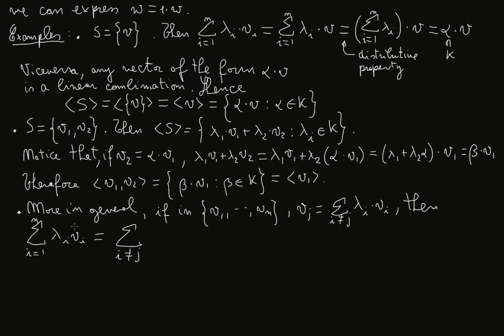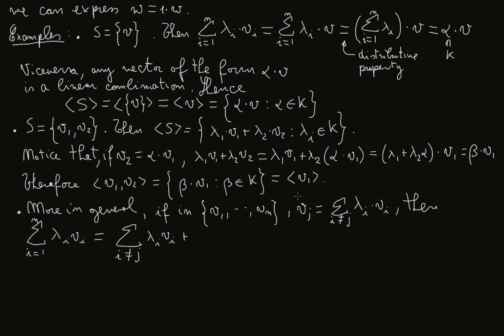So we just gather all the summands different from the jth summand here. So we take i different from j, lambda i vi, plus we would have lambda j times vj.